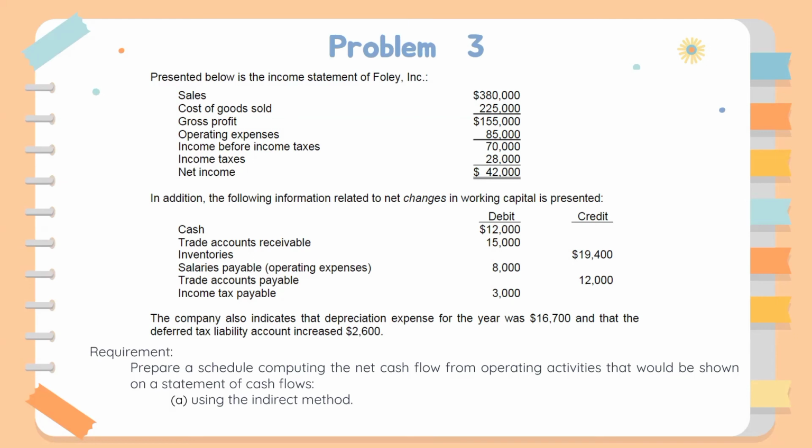The company also indicates that depreciation expense for the year was 16,700, and the deferred tax liability account increased to 2,600. For the requirement, prepare a schedule computing the net cash flow from operating activities that would be shown on a statement of cash flows using the indirect method. So let's go, guys. Start answering na po. Pa-type na lang sa chat box yung sagot.